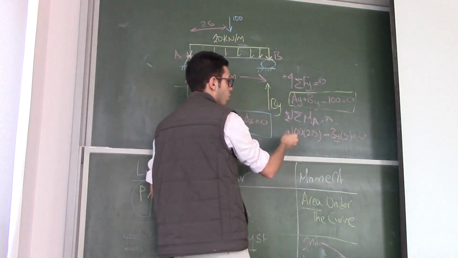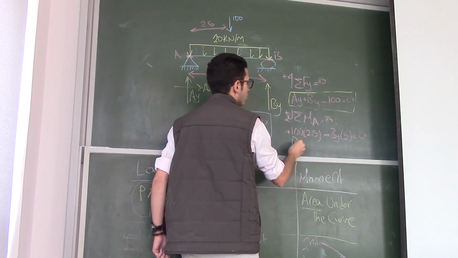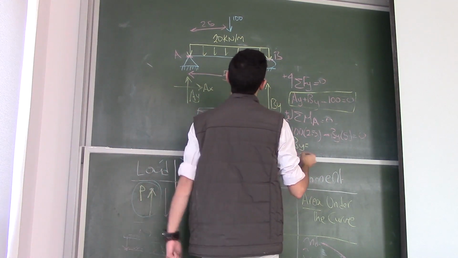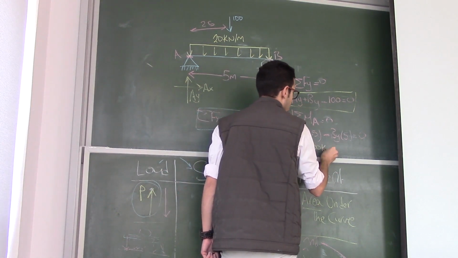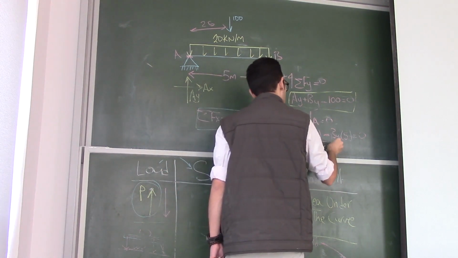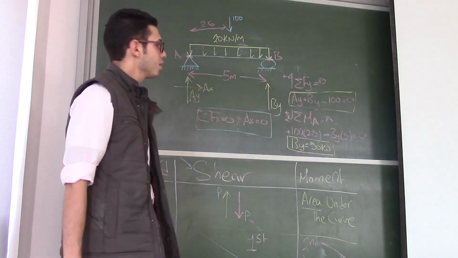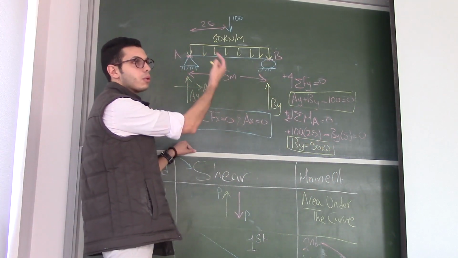So BY will equal 50 kilonewton. It's positive, which means that BY is upward, right?